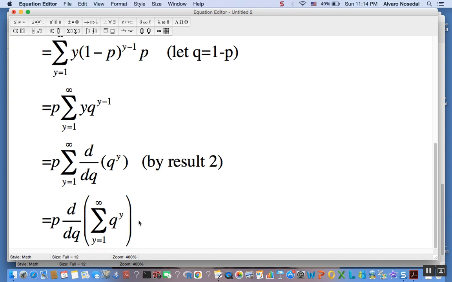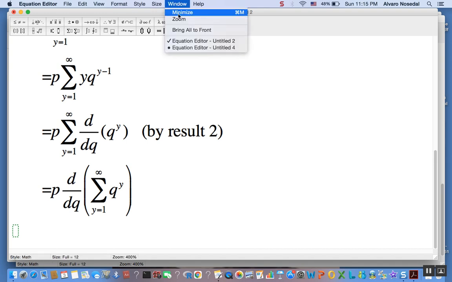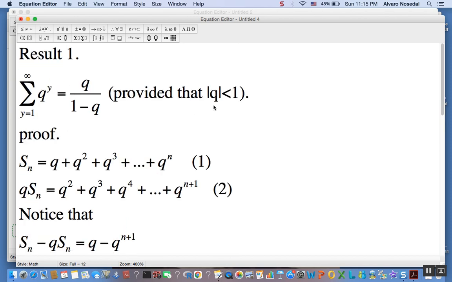Okay. Now, note that what we have here is a series, q to the y power, right? We have that infinite sum of those terms, q to the y. But that is our first result. Remember that additional result, result 1, the one that we actually showed?